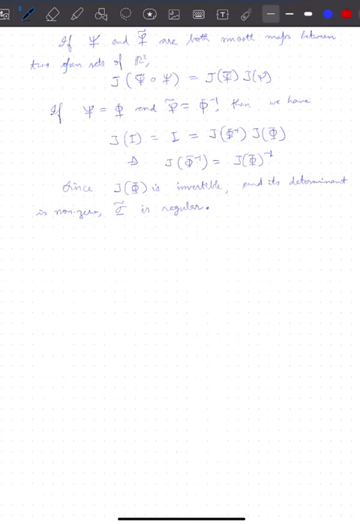So the conclusion, maybe I should just highlight it in some color. The regular surface patches sigma and sigma tilde are related, and oftentimes they are just reparameterizations of each other.